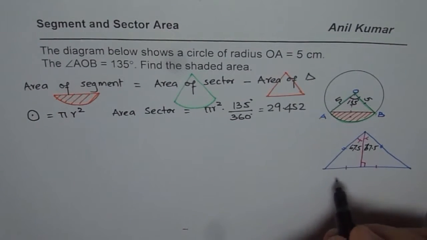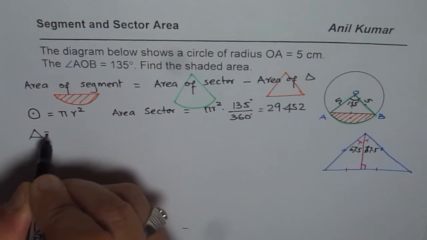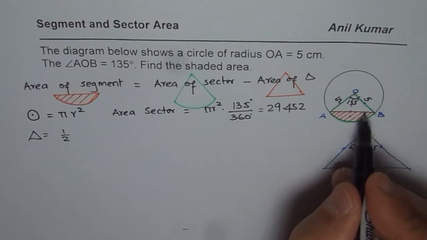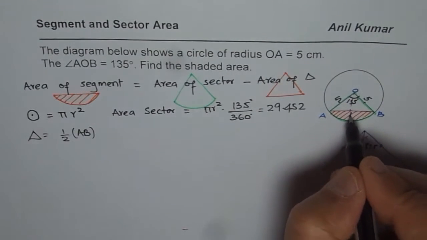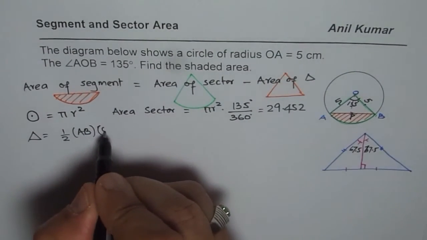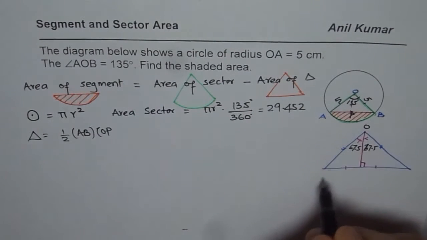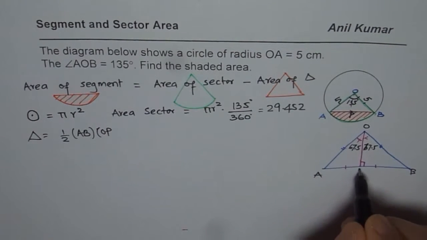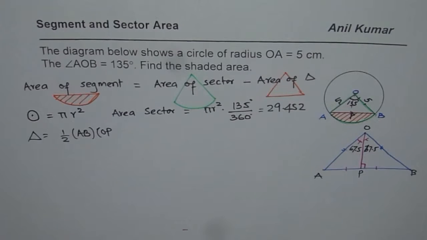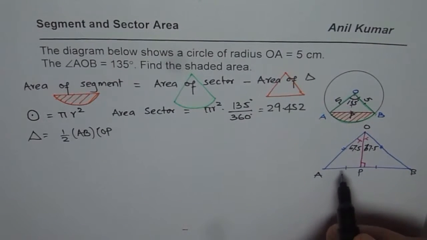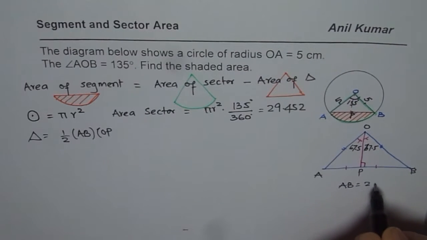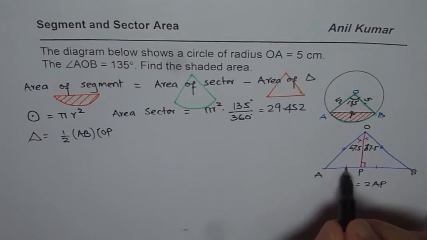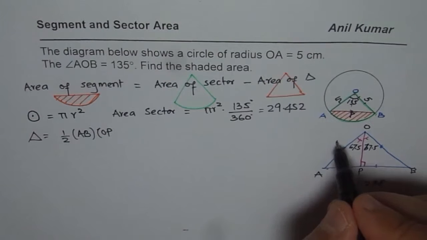Area of the triangle is half base, which is AB, times height. Let's say this is P when we drop the perpendicular, times OP. This is O, A, B, and that is P for us. So that is how we can find the area. Now AB is equal to 2 times AP, because these two are equal, and we can find that side AP using trigonometry, right?